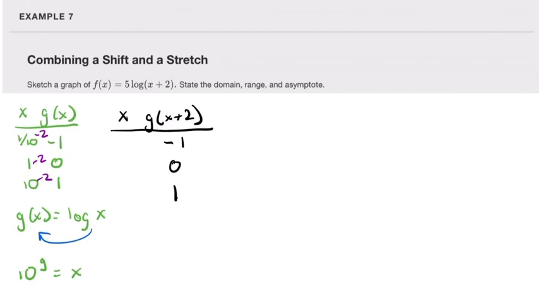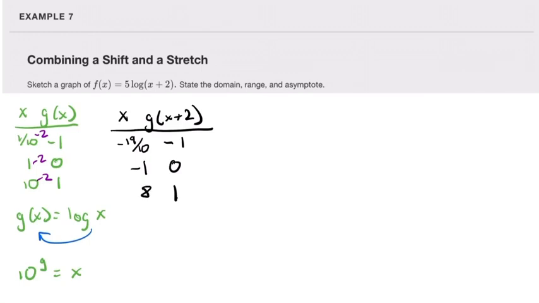That's 20 over 10, so -19 over 10. So this x value is -19 over 10, this one is -1, and then 8.